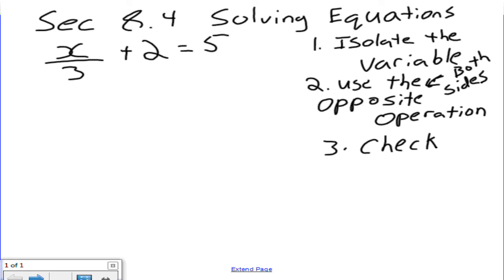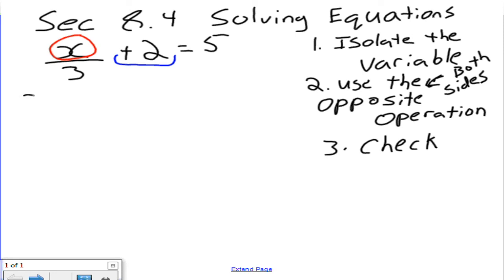Now remember, when it looks like a fraction, that actually means divided by. So it's x divided by 3 plus 2 equals 5. The first thing I want to do is look at what I'm isolating. I want to get this x alone. So I'm going to begin by removing plus 2.